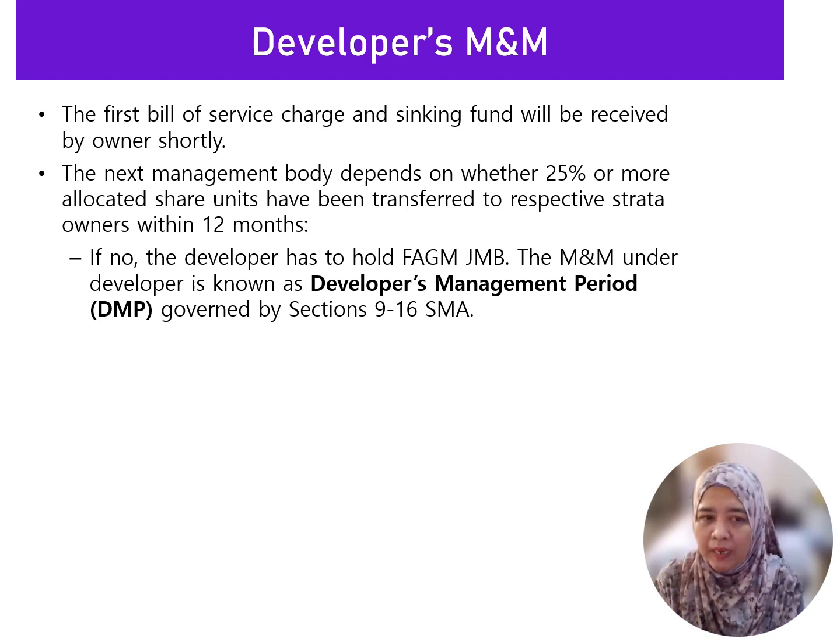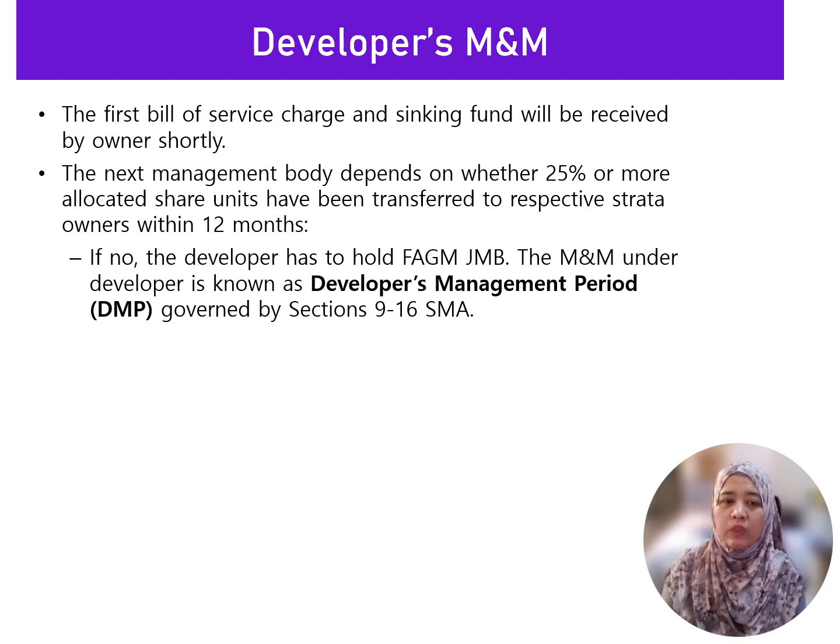The M&M under developer, if this is the condition whereby JMB is the next management body, this period is known as developers management period. Yang dia cakap tadi lah in the previous slide, and is governed by sections 9 to 16 of SMA. This section dia lain. PMP dengan DMP section under SMA different.